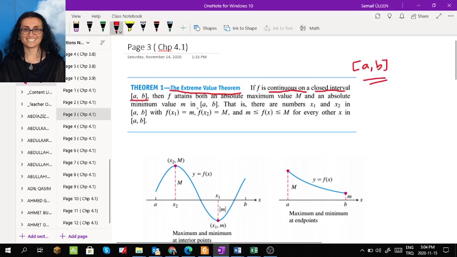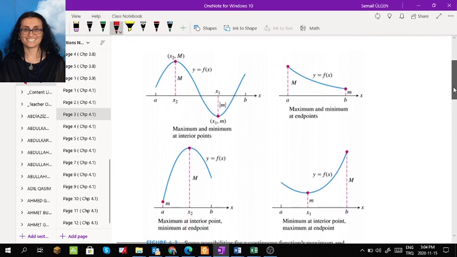And then if we have just this, continuity, this is number 1, and closed interval like this, number 2, conditions. If you have these two conditions satisfied, then f is going to have both absolute max and absolute minimum value, both of them guaranteed, in this interval.